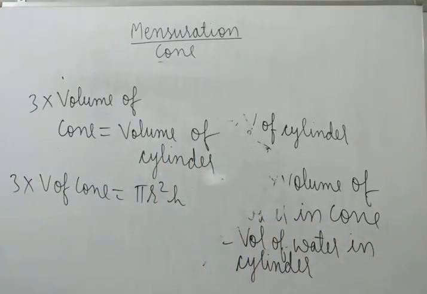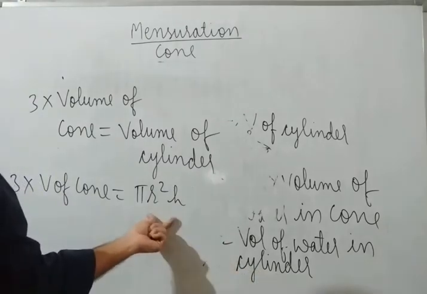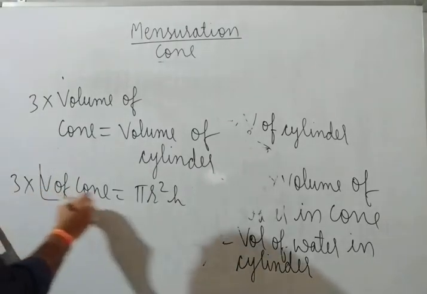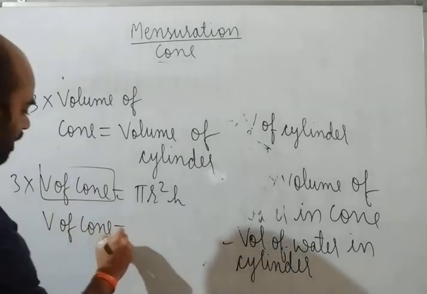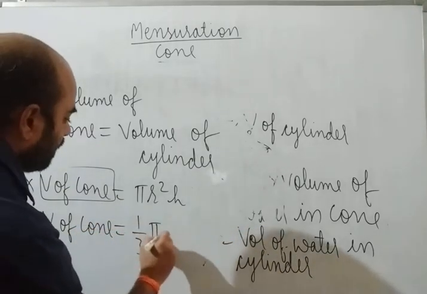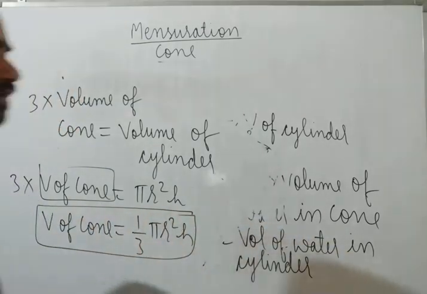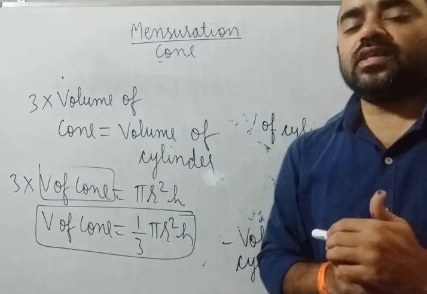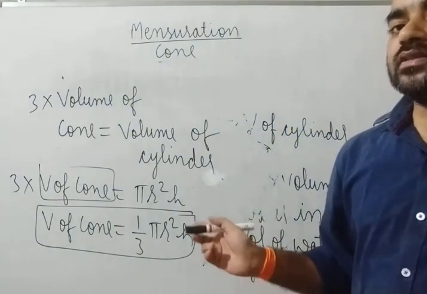What is the volume of cylinder? That is pi r square h. So what is the volume of cone? 1 upon 3 pi r square h. So we have obtained the expression for the volume of cone, that is 1 upon 3 pi r square h.